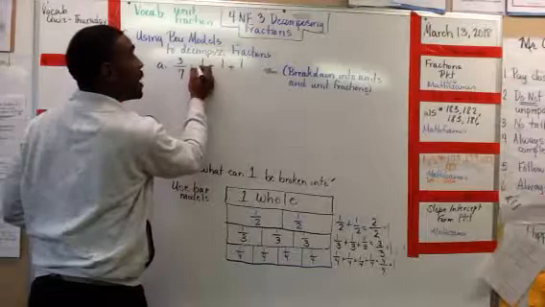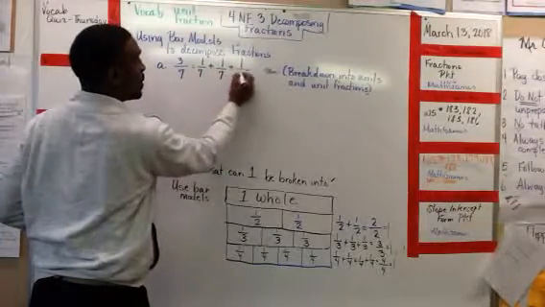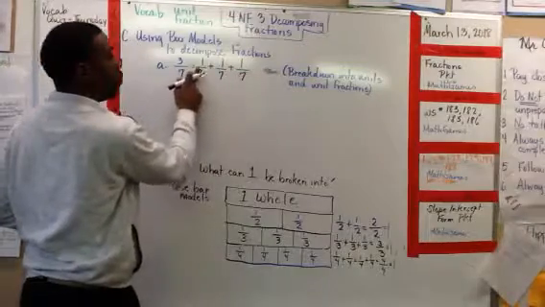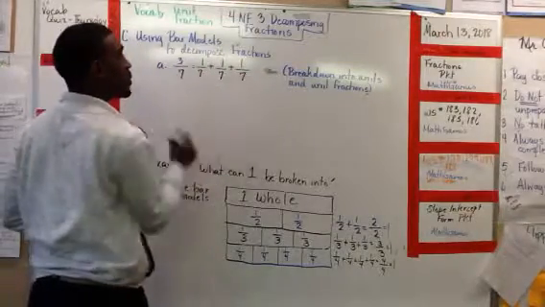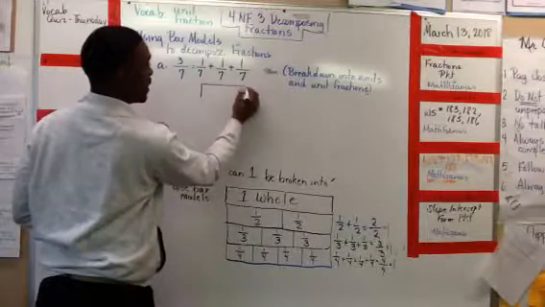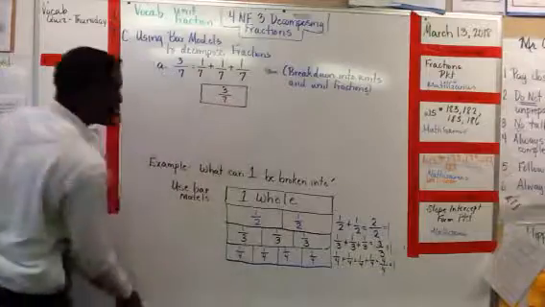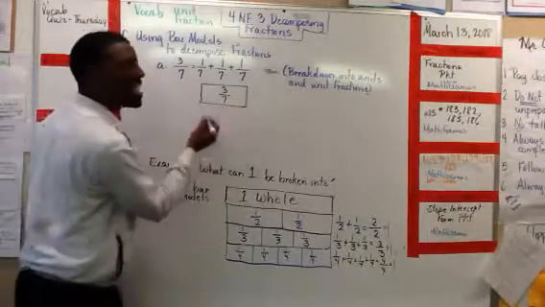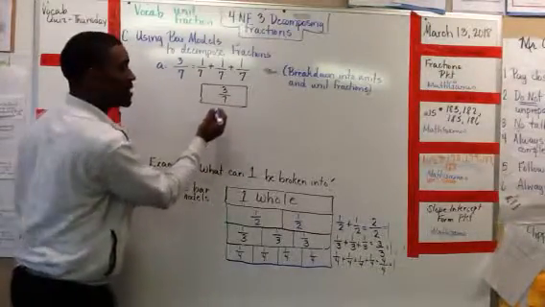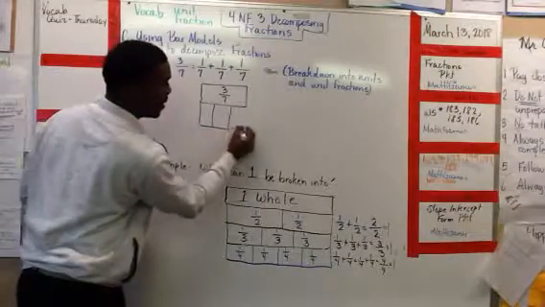So I need a fraction bar and what in the bottom? 7. And when I add 1/7 plus 1/7 plus 1/7, I get, let me show you what that looks like. 3/7 is broken down into how many sevenths? 3. 1, 2, 3.